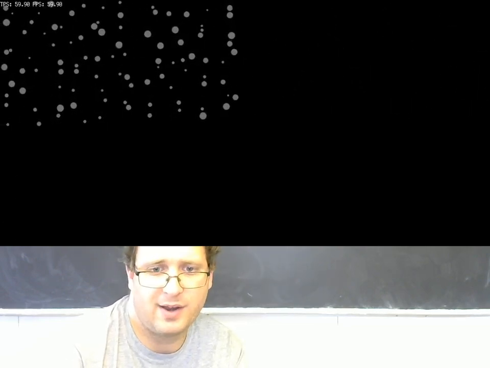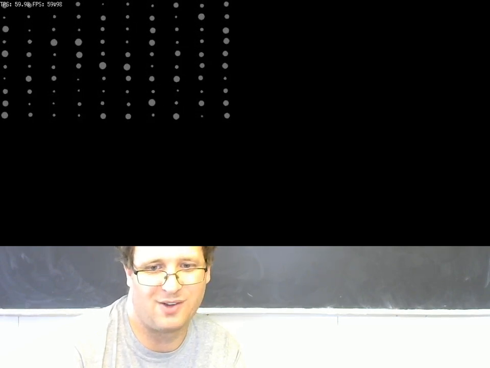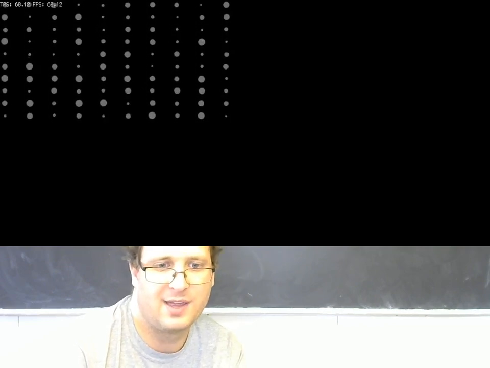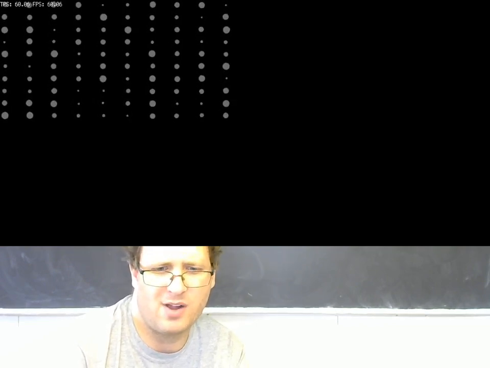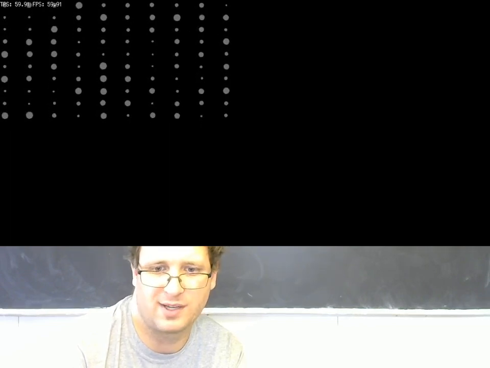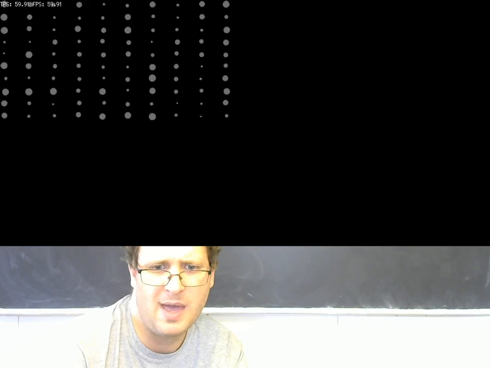Now here I've got a particular microstate, and what I'm doing is swapping the positions around, and so you see there are a number of different microstates where you have all of the particles bunched up in the upper left corner. It looks like an American flag or something.